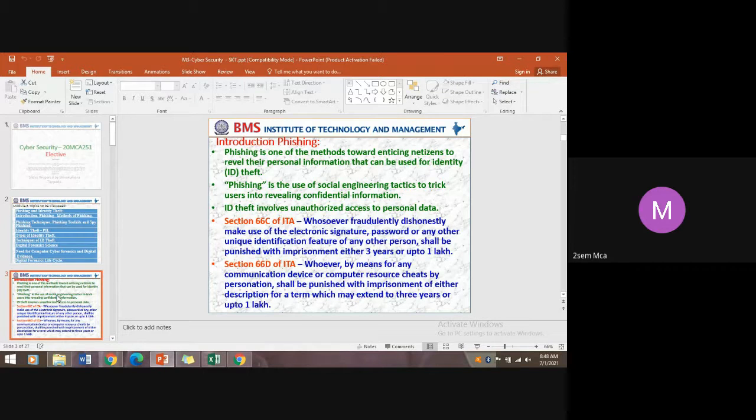Phishing is the use of social engineering tactics to trick users into revealing confidential information. So not only technology, they are also using social engineering techniques by providing attractive web pages or images, audios, video clips.